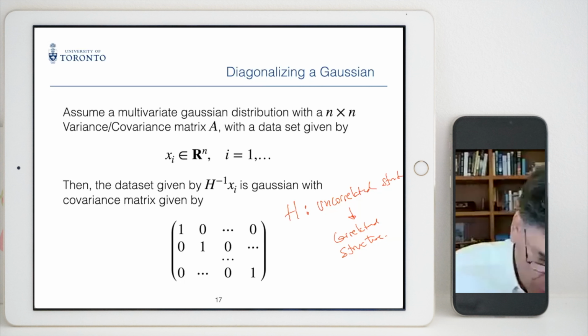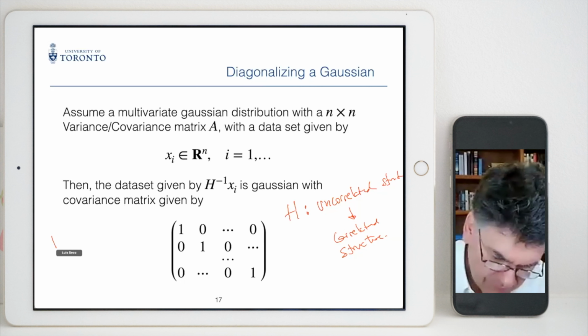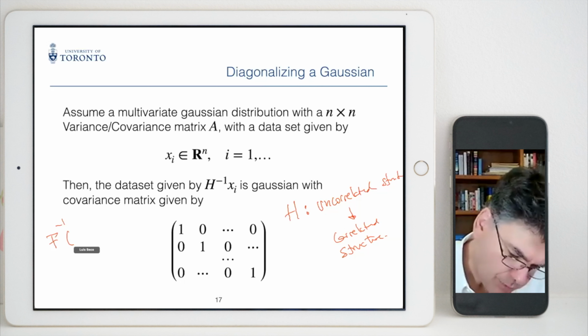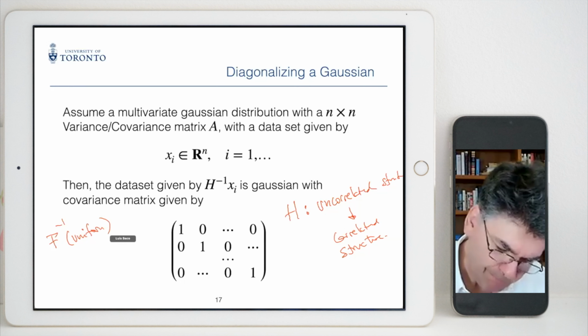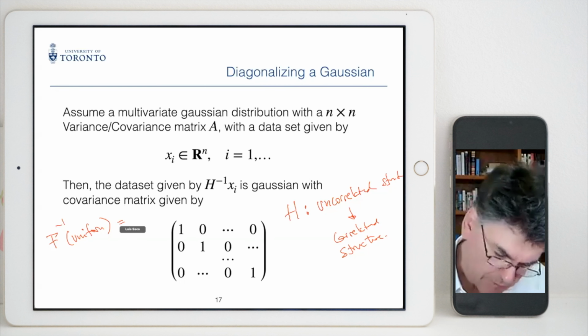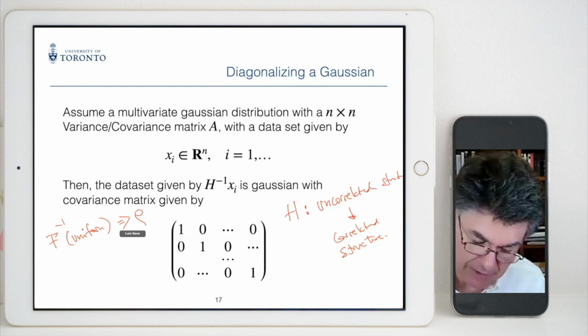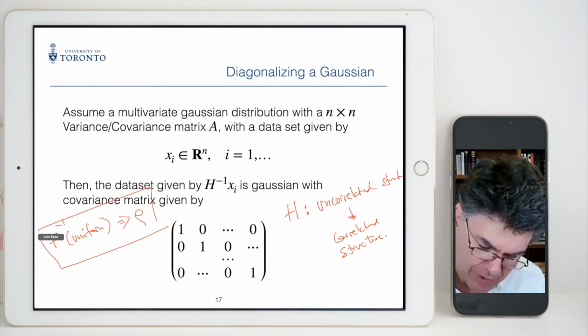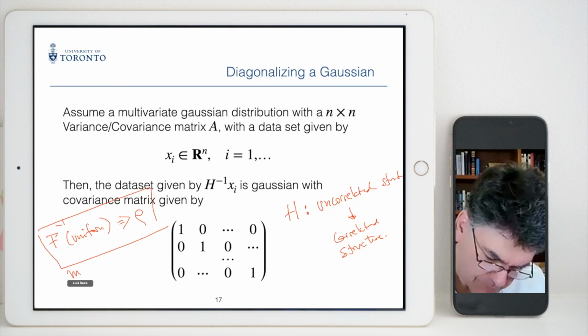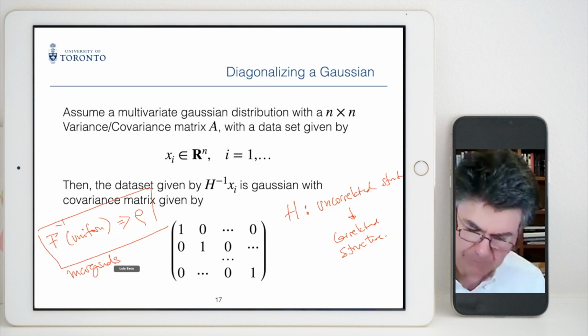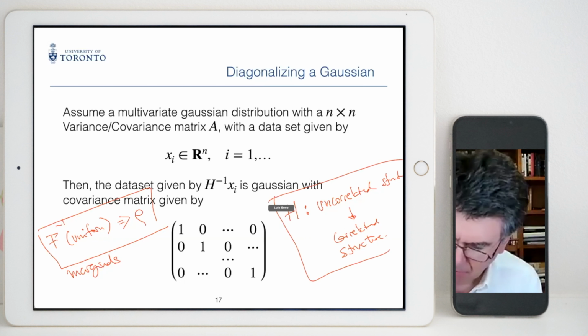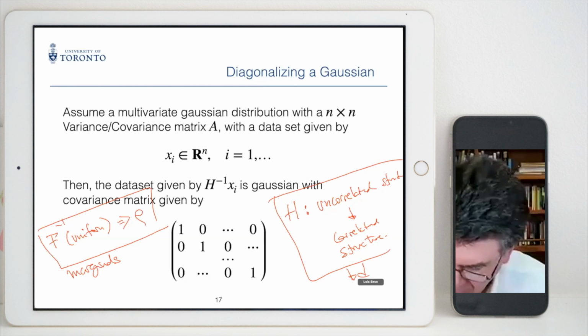Remember when we said that F inverse maps a uniform into my rho? We saw this earlier at the beginning of class. So this is how you deal with the marginals. This is the same, and this is how you deal with the dependent structure.